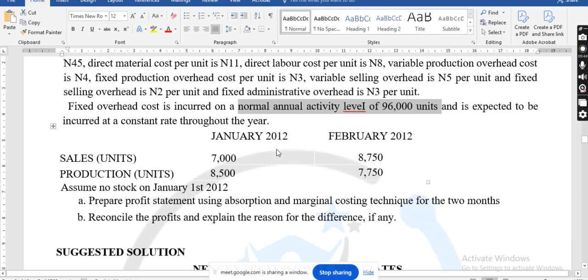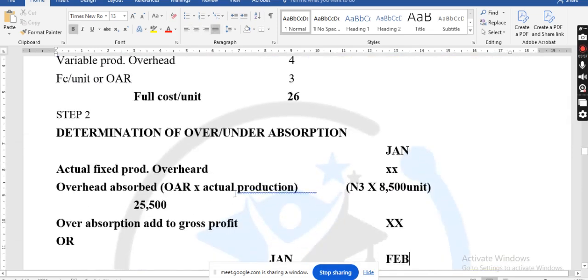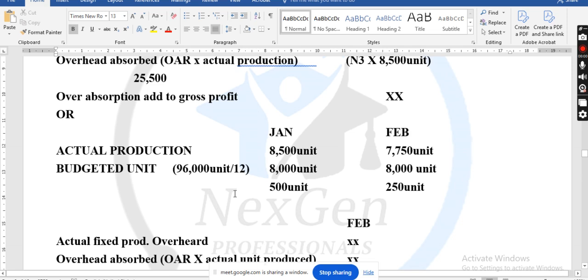Don't forget that this is January and February, and this is annual. You need to divide this by 12 so that you get the activity for each of the months. So we divide it by 12, and this gives us 8,000 and 8,000. From this part, you can decide which one is over and which one is under.